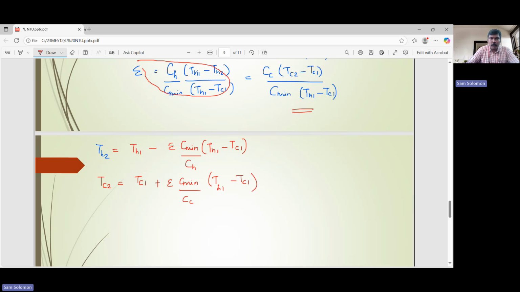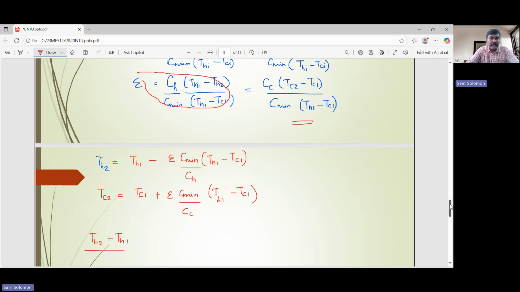Epsilon C minimum times TH1 minus TC1 divided by CC plus TC1. Now, if you look at the expression that we had back, that is equation number 1, let's look at that expression a little bit.